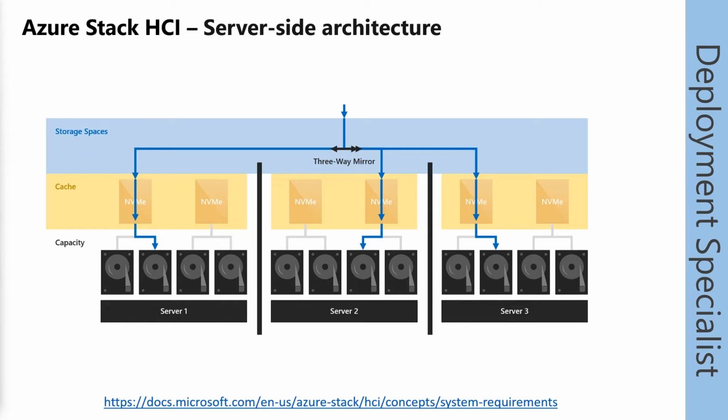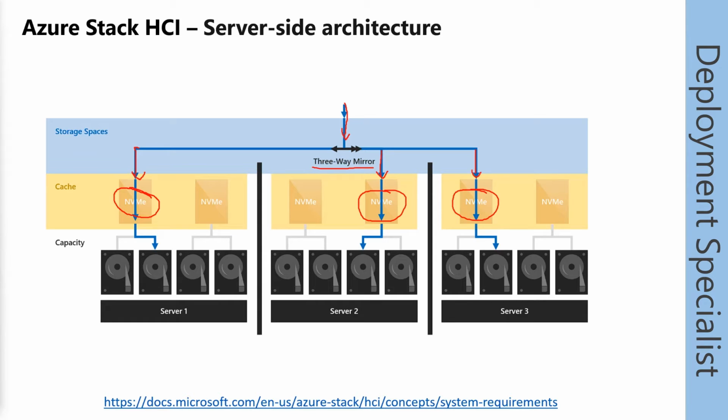But storage spaces direct has an algorithm, I already mentioned this, where we have a redundancy across the servers. This means, as we can see here in the three-way mirror, the data is written in 3 copies on 3 different drives on 3 different servers. This means that also the cache is redundant, as we can see here. It's written here, here, and here.